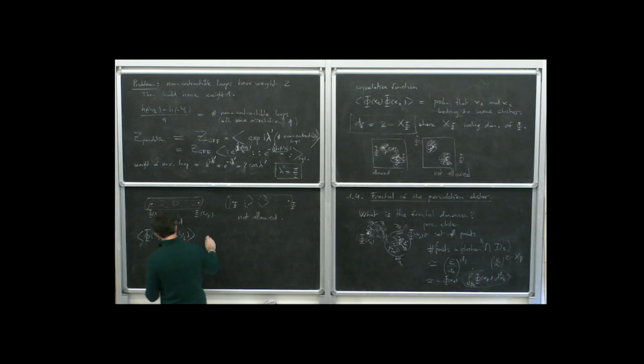So what is this? So this, by definition, is the partition function where the non-contractible loops have weight 0, divided by the partition function where the non-contractible loops have weight 1.